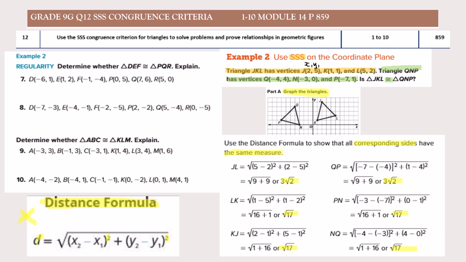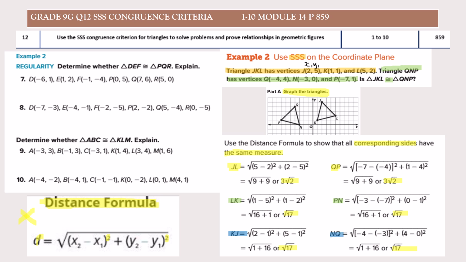So the most important to remember here is the distance formula and how to use it. You would have to calculate the corresponding distances and see whether they are equal or not. Then you will go to the next one, LK and PN. And then your third one is KJ and NQ.